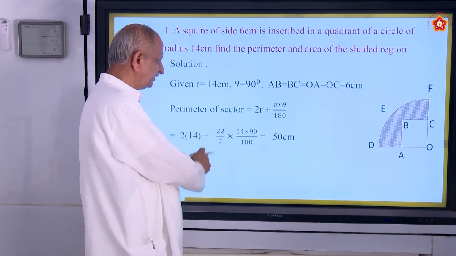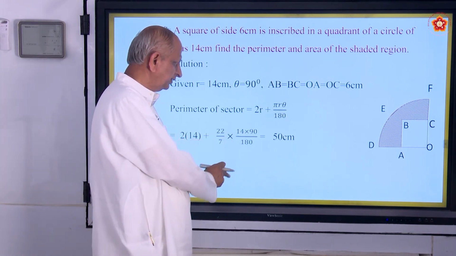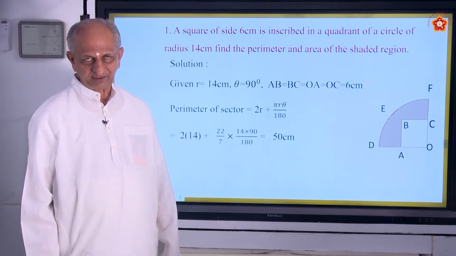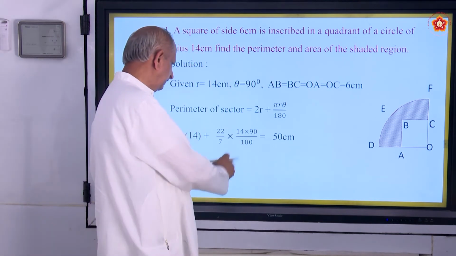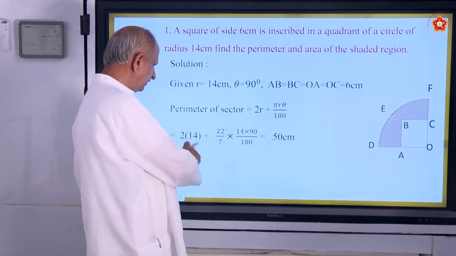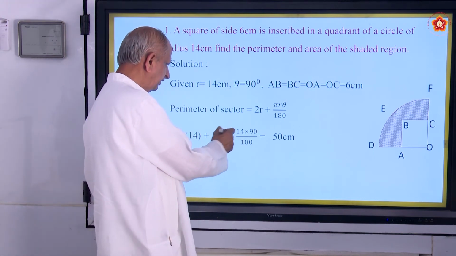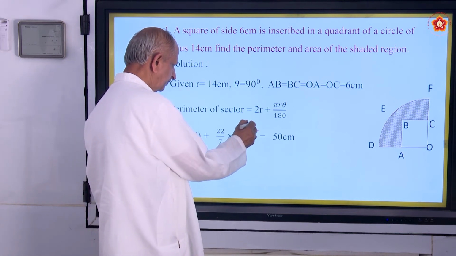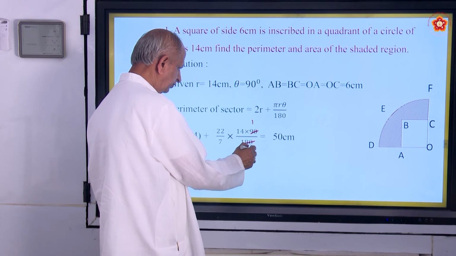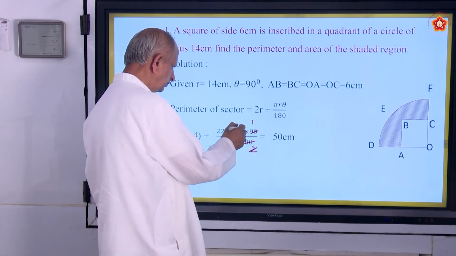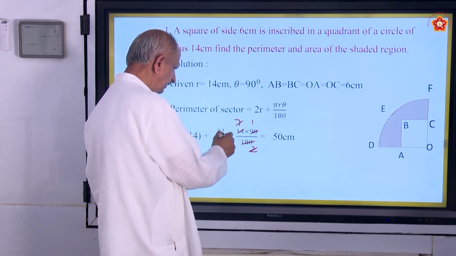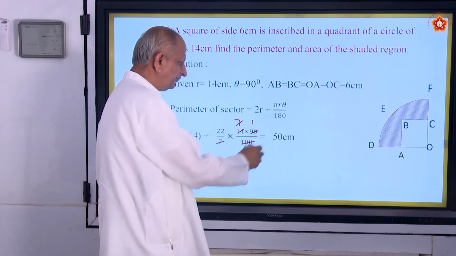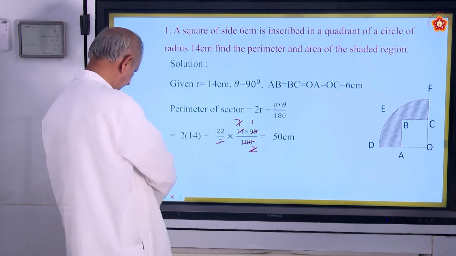Pi is 22 by 7, r is 14, theta is 90 degrees because it is a quadrant, by 180. So 2 into 14 becomes 28, and if you cancel it, 9 ones are 9, 9 twos are 18, 2 ones are 2, 2 sevens are 14, 7 cancels. 28 plus 22 becomes 50 centimeters.